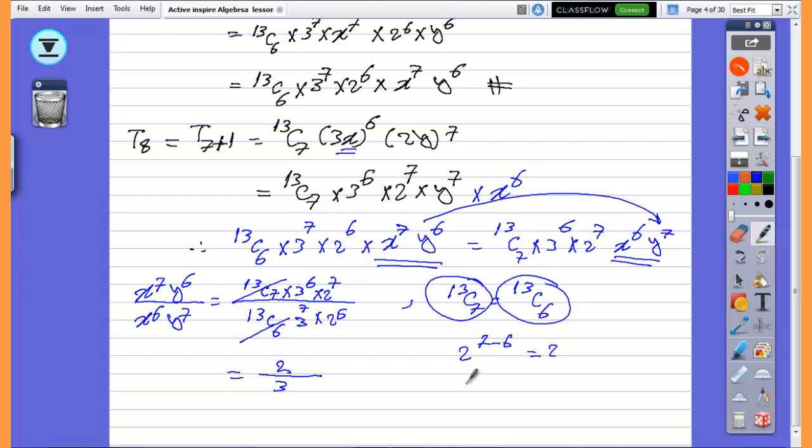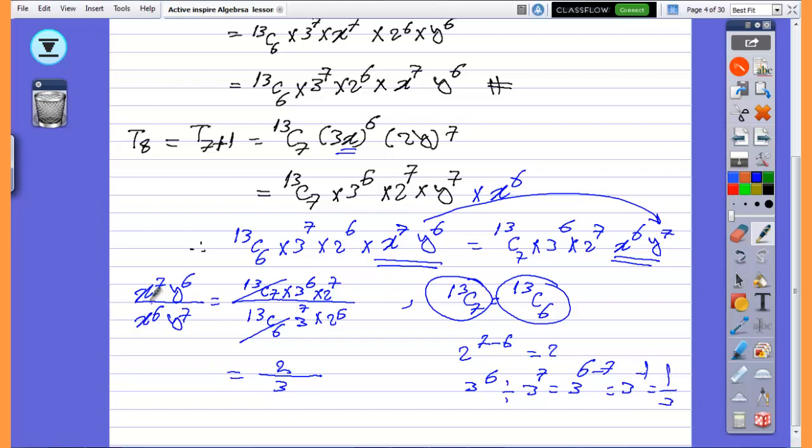And 3 power 6 divided by 3 power 7: in division we subtract powers, 6 minus 7 equals negative 1, so 3 power negative 1, which equals 1 over 3.